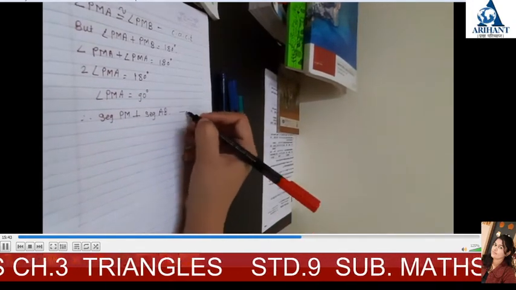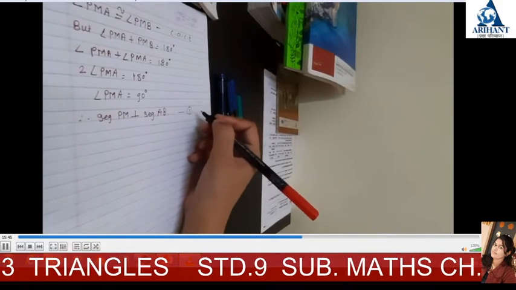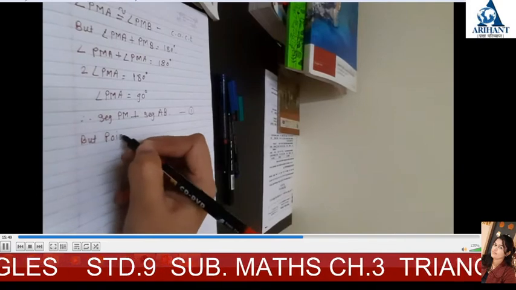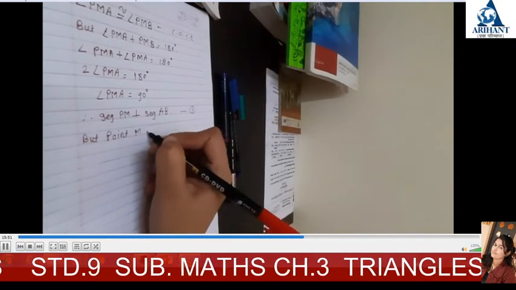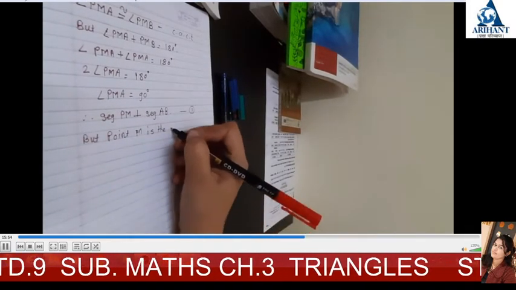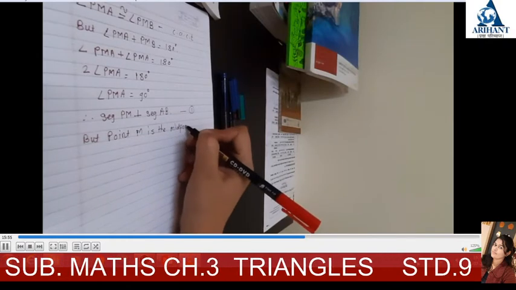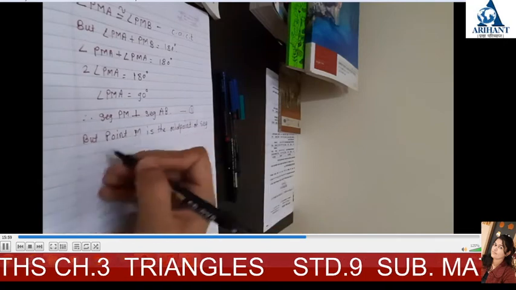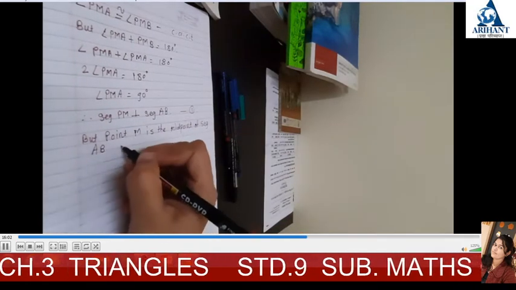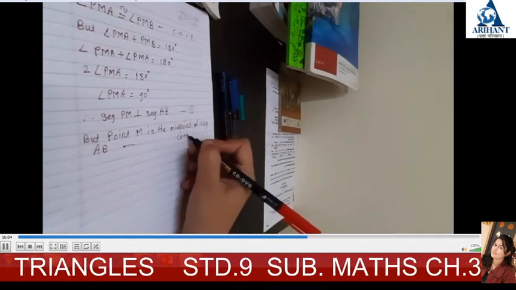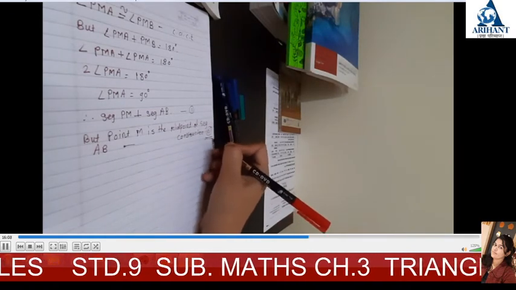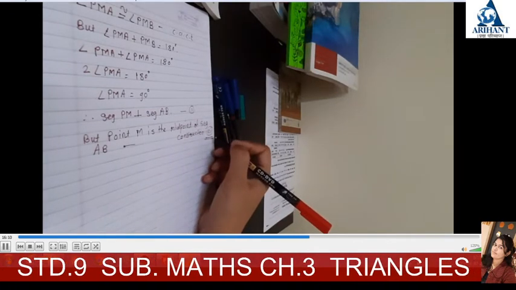So let's give this number 1. But point M is the midpoint of segment AB. This is the construction of our proof, so let's give this number 2.